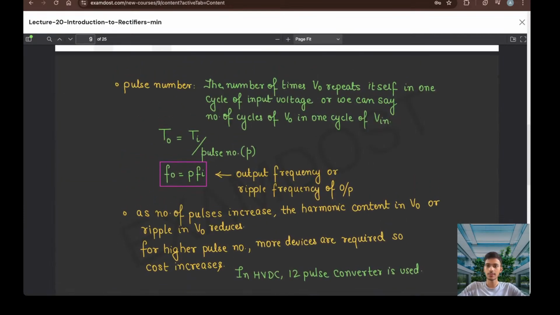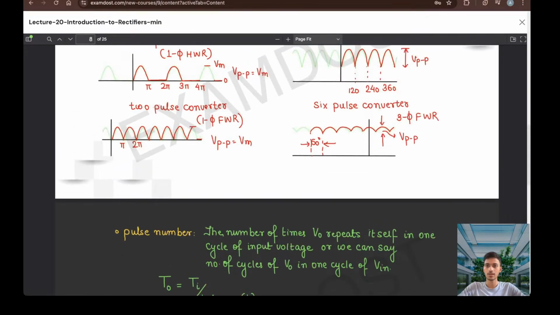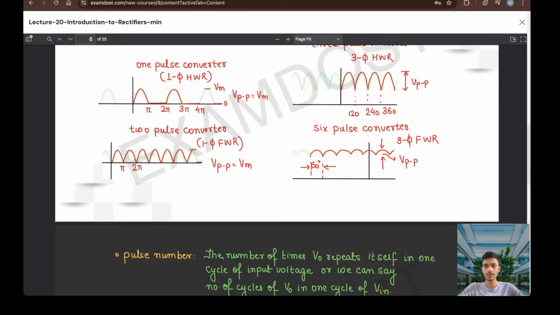Pulse number is the number of times VO repeats itself in one cycle of input voltage, or the number of cycles of VO in one cycle of Vin. Vin is sinusoidal, but you get one pulse for the single phase half wave rectifier VO.